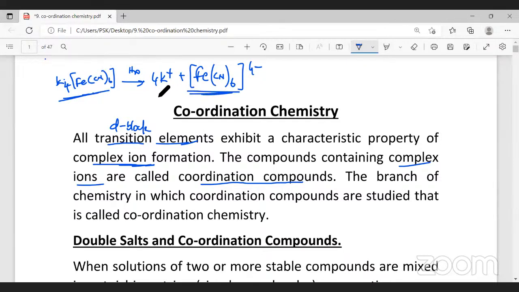So a compound which contains a complex ion is called a coordination compound. It is not the complete definition. We will have to learn the definition a little later. The branch in chemistry in which coordination compounds are studied is called coordination chemistry. It is a branch in chemistry which deals with the study of coordination compounds.